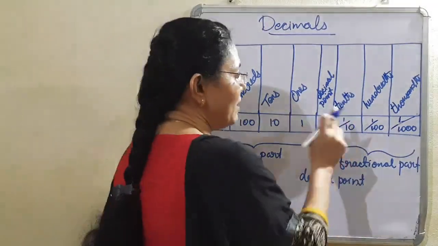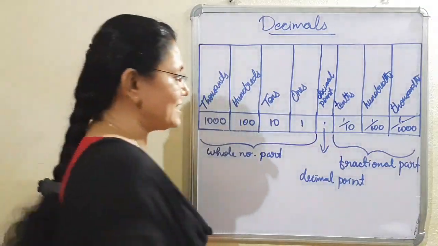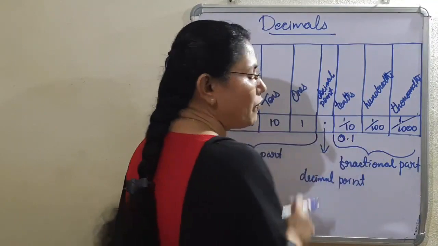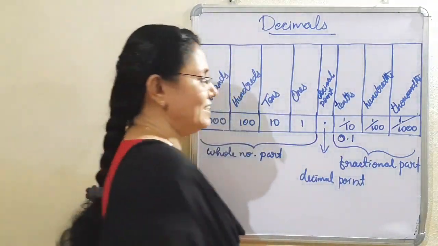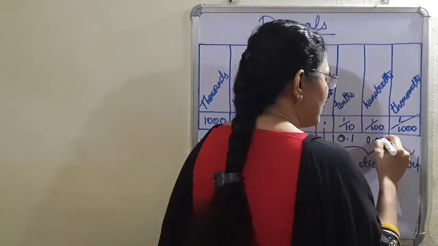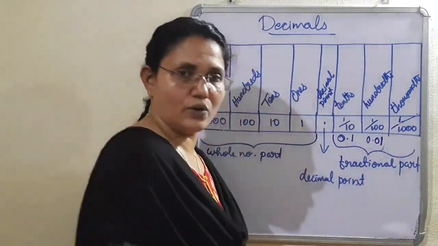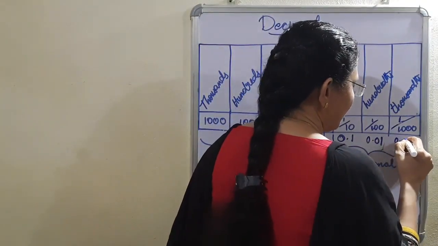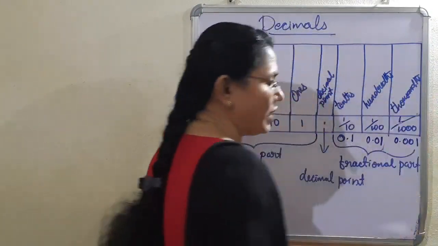The decimal form of 1 by 10 is 0.1. The decimal form of 1 by 100 is 0.01. The decimal form of 1 by 1000 is 0.001.